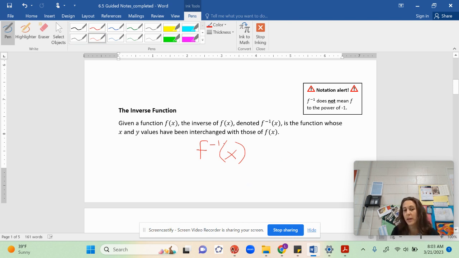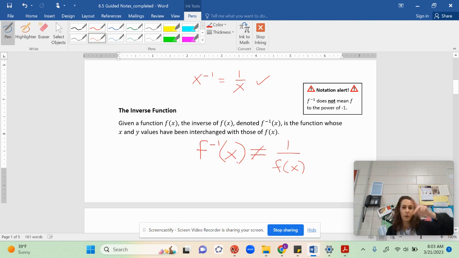Please understand that this notation does not mean, you may remember from previous years, negative exponents, like if you have x to the negative 1 power, you can rewrite that as 1 over x. That is true, but that's not what this notation means. This does not mean 1 over f of x. It's a special function notation.